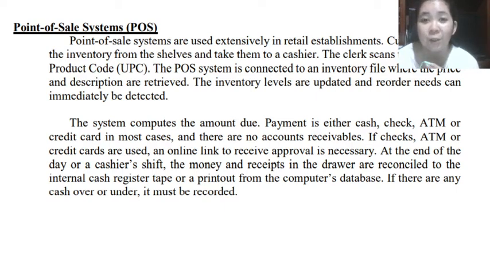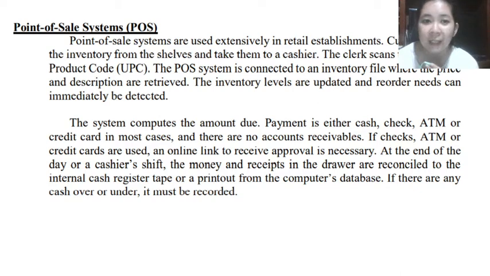So there are no accounts receivable in POS. If checks, ATM, or credit cards are used, there will be an online link to receive the approval if that is authorized. At the end of the day, or a cashier's shift, the money and receipts in the drawer are reconciled to the internal cash register tape or a printout from the computer's database.